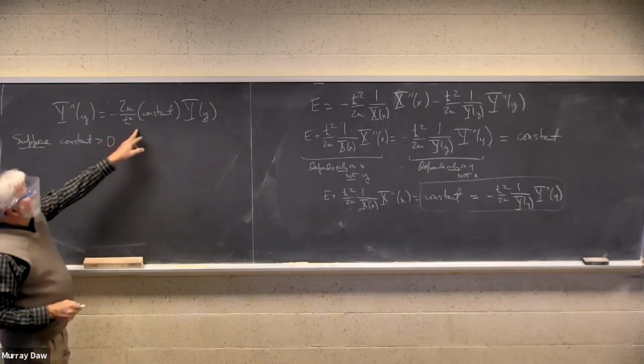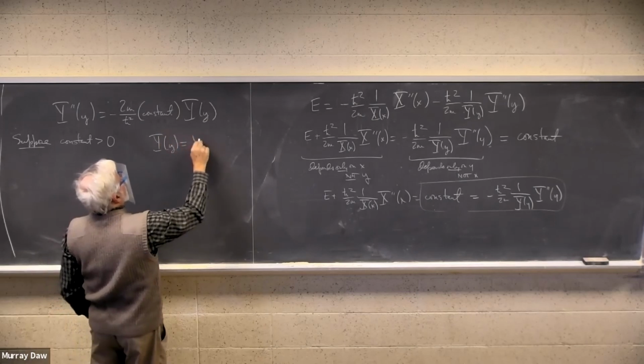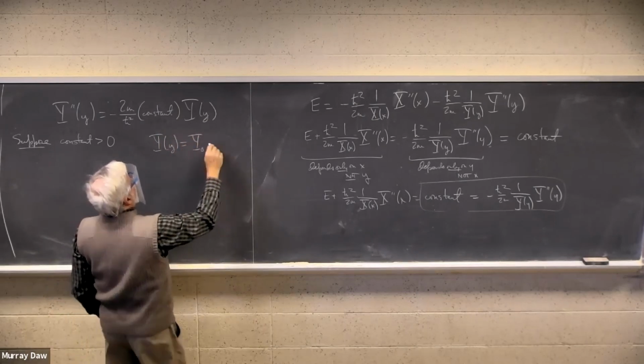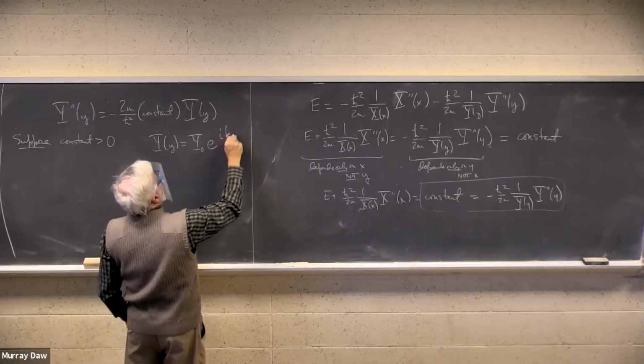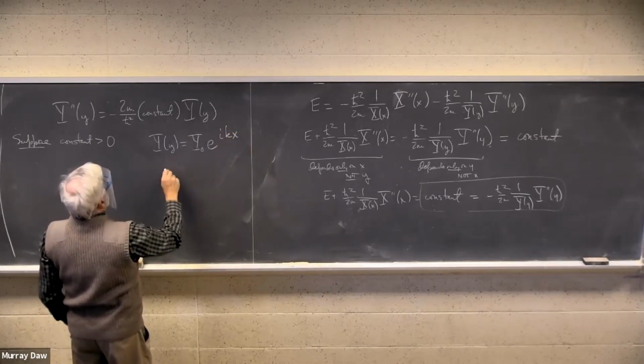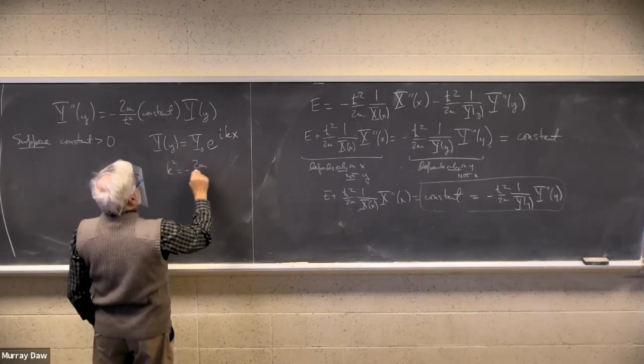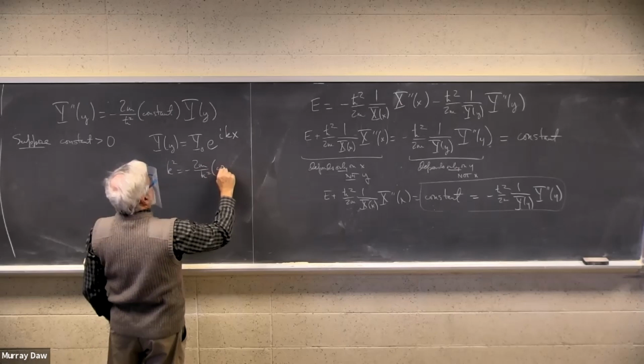So if it's positive, then what's the solution? E sub constant times e to the i k y, where k squared is minus 2m over h bar squared times the constant.